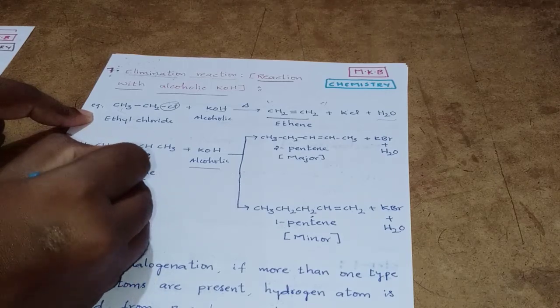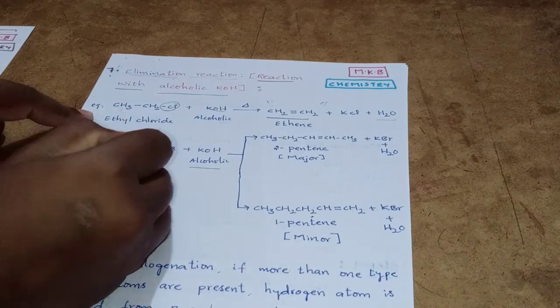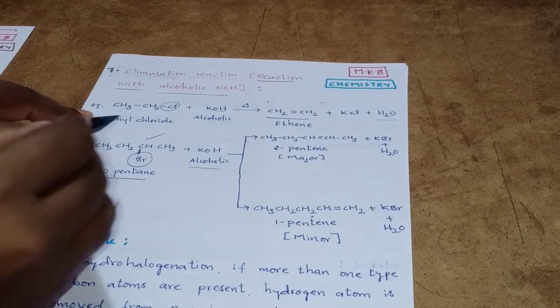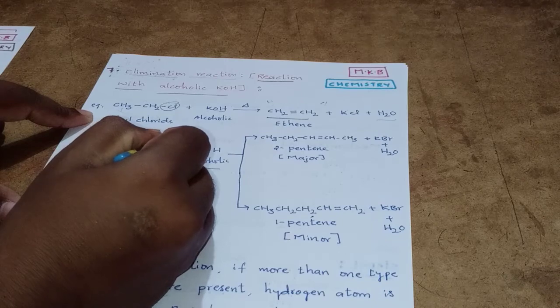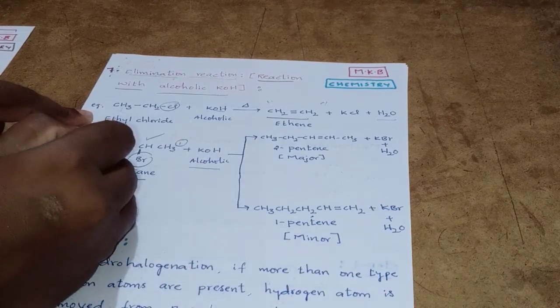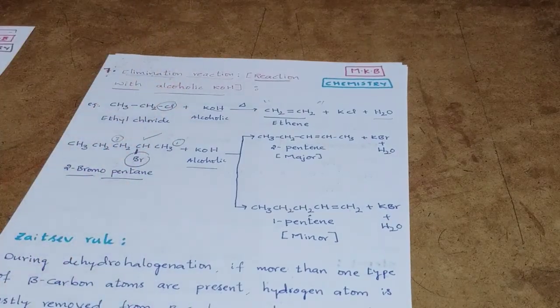No doubt hydrogen is eliminated from the second carbon, and hydrogen should be eliminated. We have a doubt whether the hydrogen should be eliminated from the first carbon or from the third carbon, because first and third are both adjacent carbon atoms.